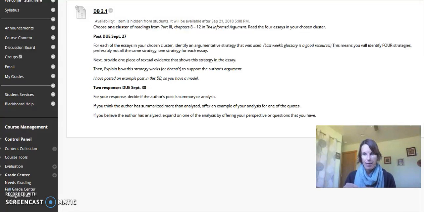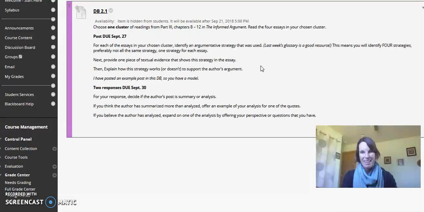Then you'll be able to apply it to the arguments surrounding your own topic, and you will analyze what people are saying, how they're saying it, and what strategies they're using to say it. So for weeks 6 and 7, we're going to stick to the textbook with the cluster of essays and work on analysis that way. Then we will switch gears in week 8 back to your own topic, where you can apply this practice in your own work. If you have any questions this week, let me know, and happy reading and discussing out there.